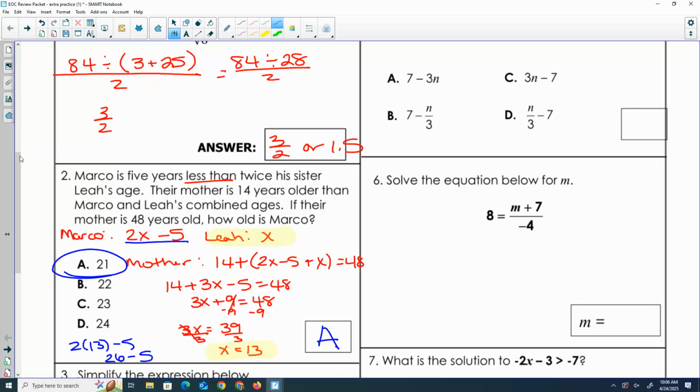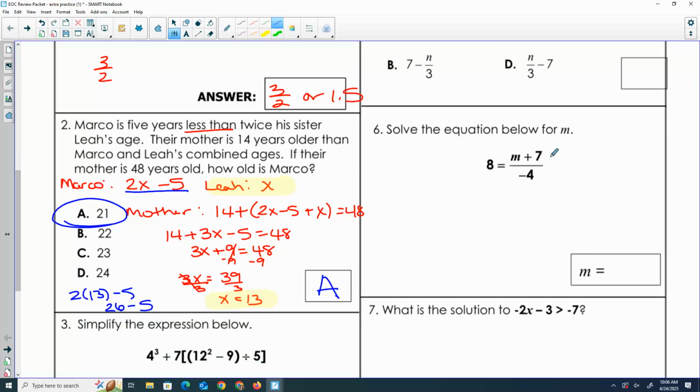Now there are certainly other ways to get around that. So that one is hard to come up with. But you could work backwards from your answer choices. That's a multiple choice question. The EOC is not timed. We could go back through and say, okay, well, Marco is 5 less than twice his sister.